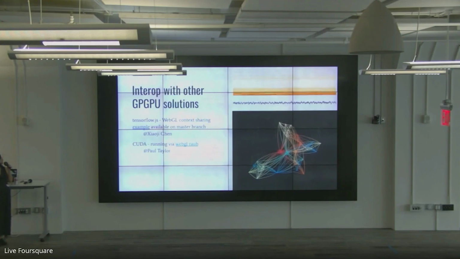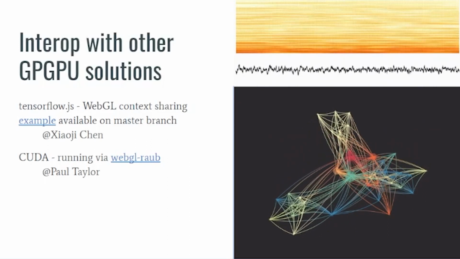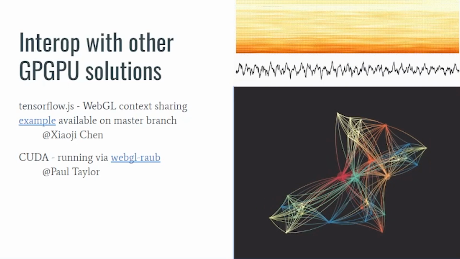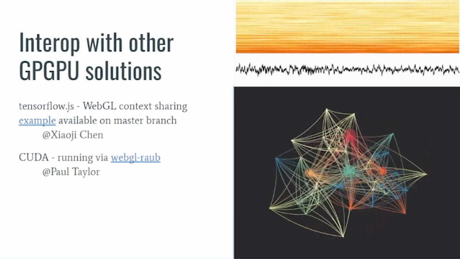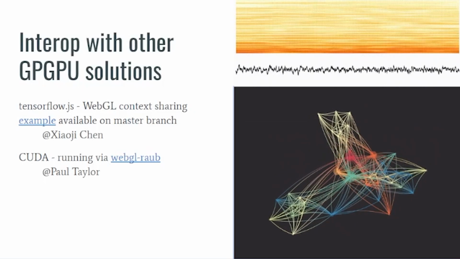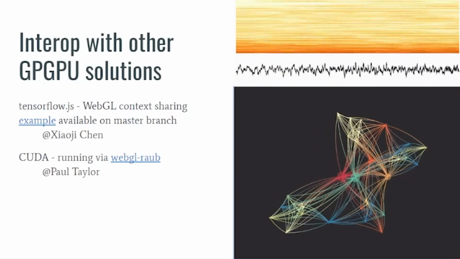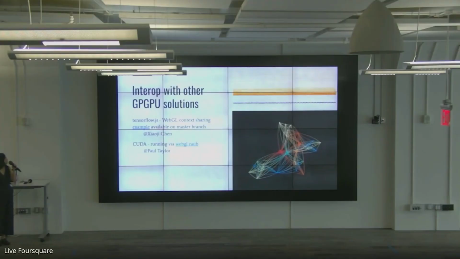We have also been exploring interop of DeckGL with other GPU solutions. We recently checked in an example that has DeckGL share the WebGL context with TensorFlow.js into the main branch. That's the screen capture in the top right corner there.